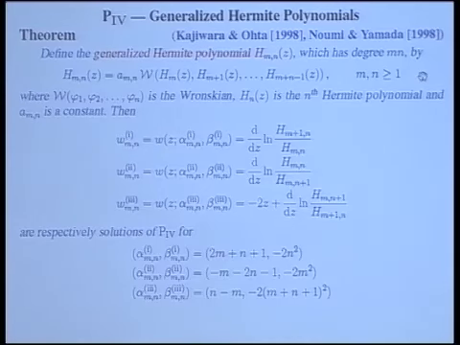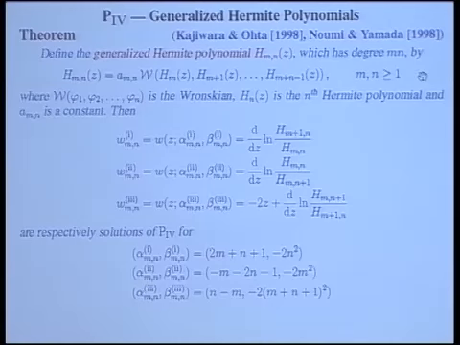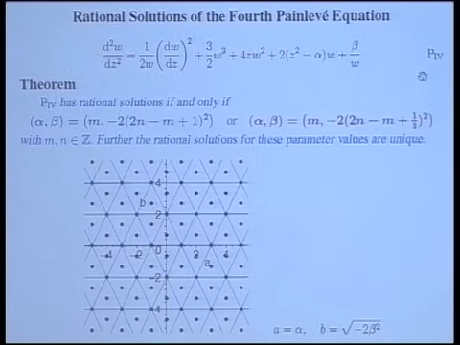So if you define this Wronskian of n successive Hermite polynomials, which I'm going to call a generalized Hermite polynomial, and then you take special choices of them, one where just the m's change, one where the n's change, and one where they both change, then you get three sets of rational solutions of Painlevé IV. So those are the blue dots on this transparency here.